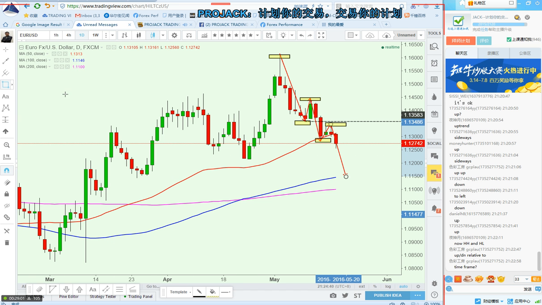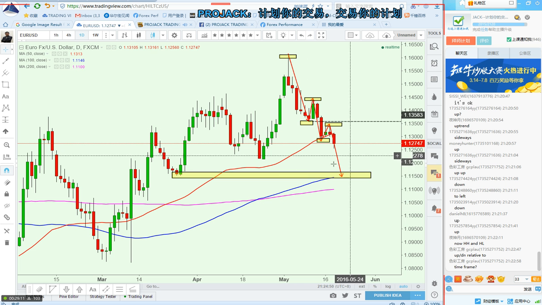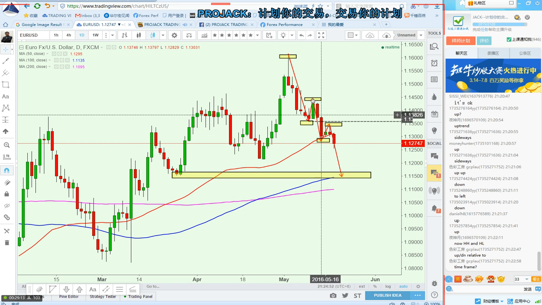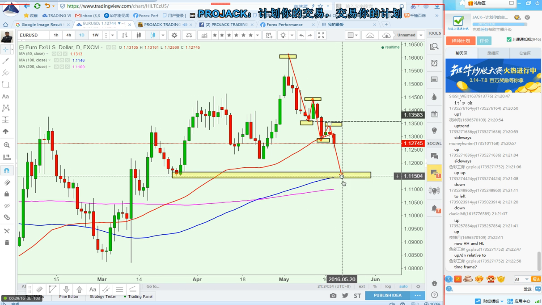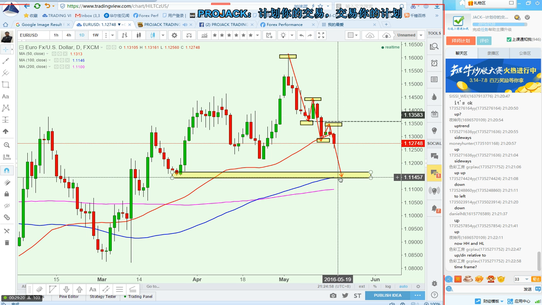Is there any level that previously was a support? Yes, it is here. So it's 1.115 to 1.114. That is something where the sellers may take profit, because the moving average traders are going to use the 100 MA to take profit, to find the support.